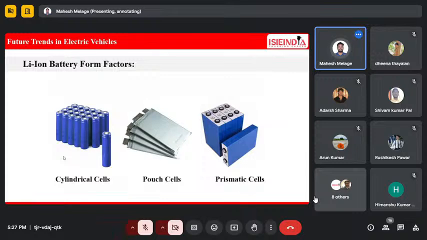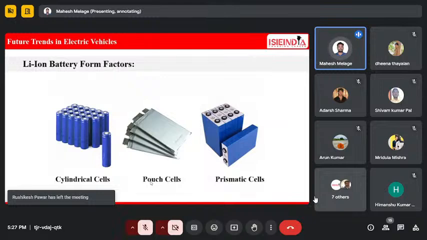These are the structural diagrams or architecture diagrams of the batteries. First one is the cylindrical cell, second is the pouch cell, and third one is the prismatic cell. As you see in the picture, the cylindrical cell is a small cell. We can use it in a remote control and clock.